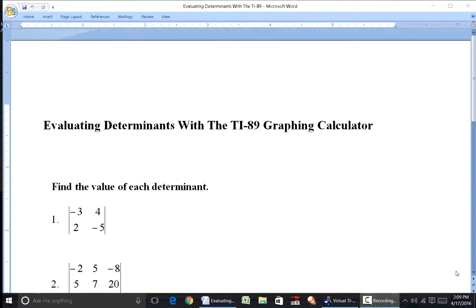It's called the determinant. In this video, I'm going to show you how to find the determinant using the TI-89 graphing calculator. I do have quite a few videos using the TI-83. Also have other videos where I show you how to do it manually. You can look at those if you like.